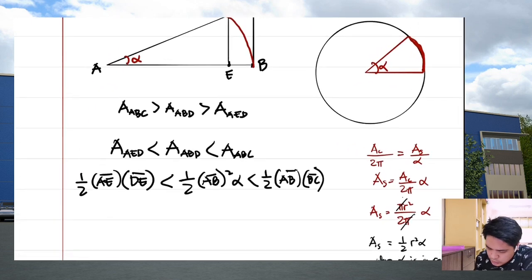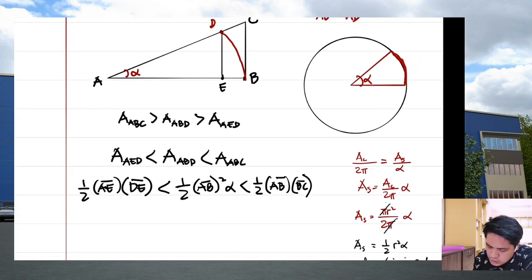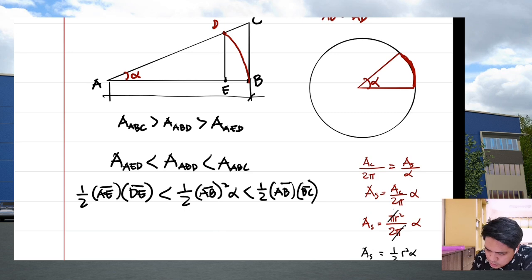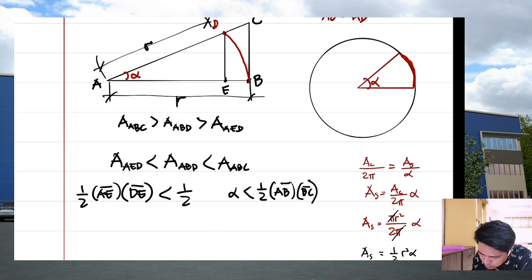So, let's start with AE. Okay. AE. What is the value of AE relative to this, AD? Remember that this, how about kung ang AB, gawin na lang natin R para mas madali pala. So, let's just call this R, radius, and of course, AD, that's also R. So, meaning, I'll change this to R na lang.